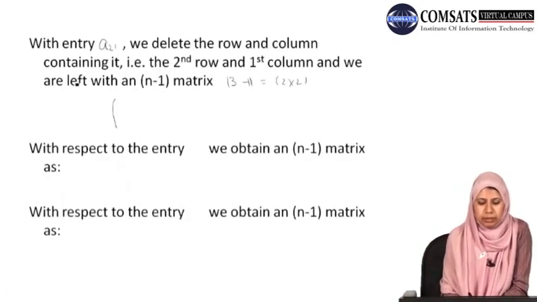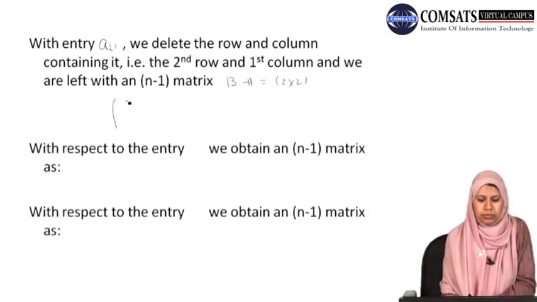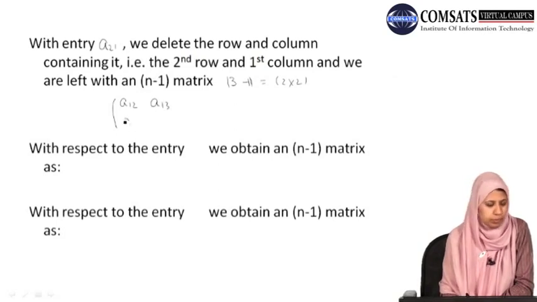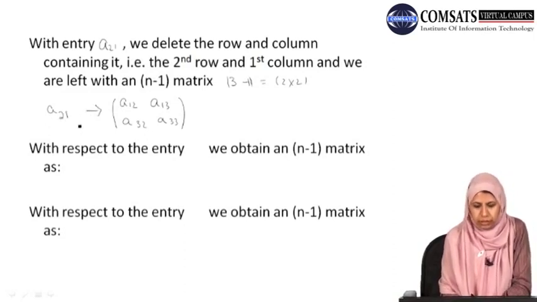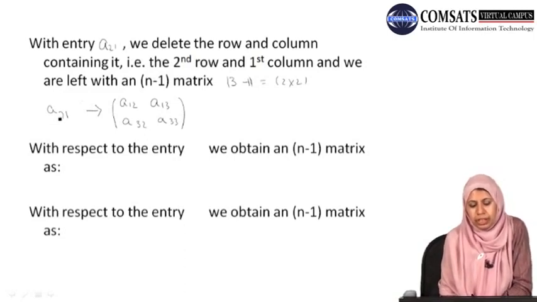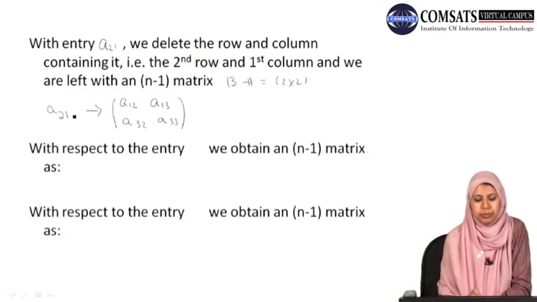That is, the entries are A12, A13, A32 and A33, the matrix with respect to the entry A21. So, with an entry of a matrix, we associate a submatrix of order 1 less than the given matrix, by neglecting the row and the column in which the entry occurs.